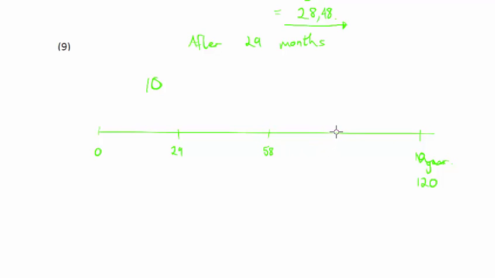Then I make another investment after how many months? 29. So that makes it 87. And another 29 months, 116. So there's going to be how many investments? 1, 2, 3, 4.